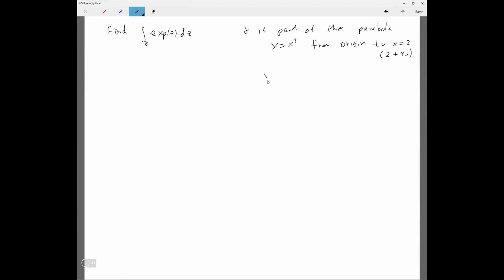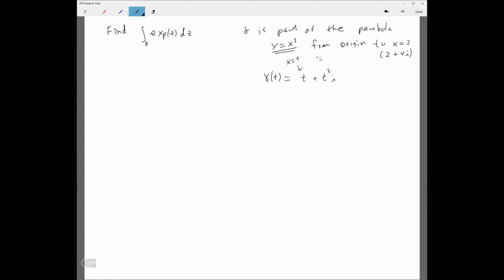Okay, so gamma can be parameterized like this. If you have a relationship like this, y equals some function of x, then you can parameterize it by letting x be t, and then letting y be whatever that function is.